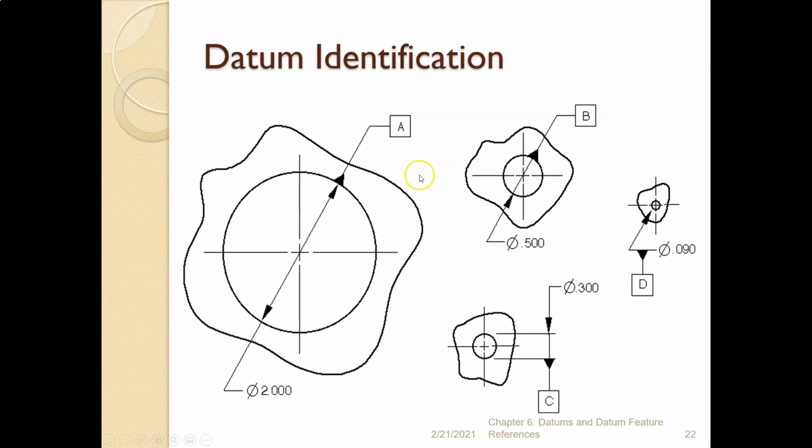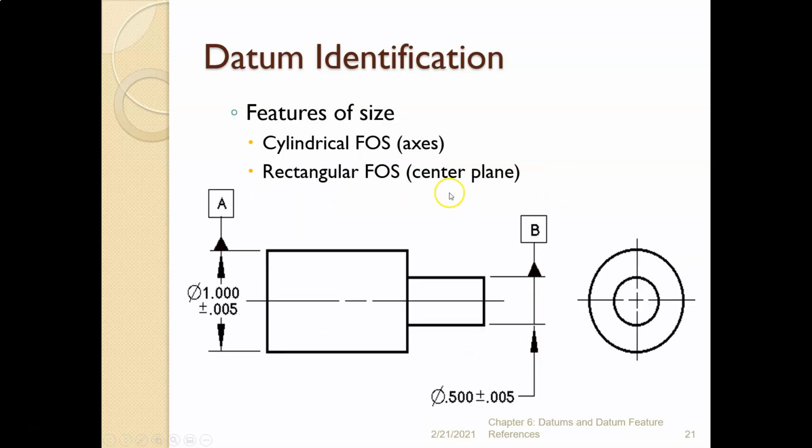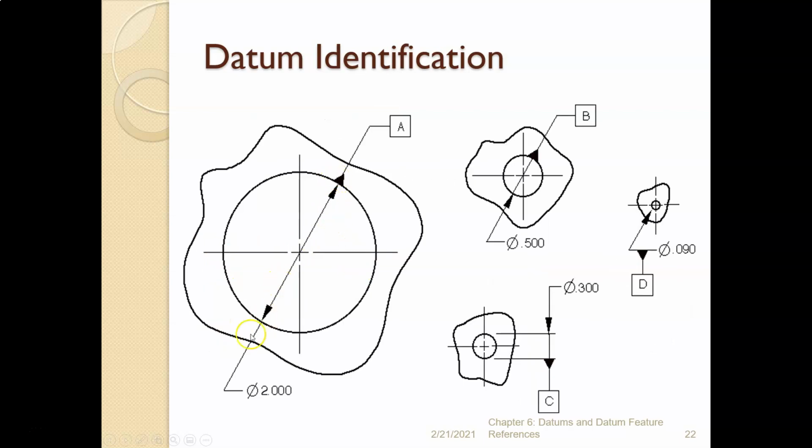All right, some more datum identification. These are all datum features of size, right? So remember, for datum features of size, we have to associate the datum triangle with the dimension line. So here, dimension line attached to the triangle. So that's datum feature of size A. Again, same thing here.